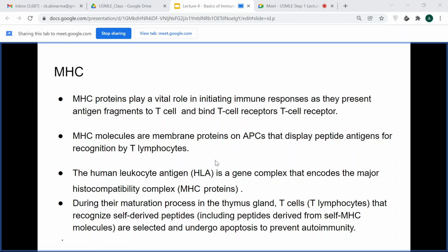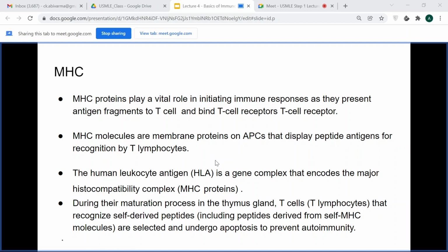But the main thing you have to keep in mind is that MHC proteins are present on almost all cells of our body, and they are involved in both the innate immune system and the adaptive immune system. If you think about it, they serve as a bridge between the innate and adaptive immune systems.